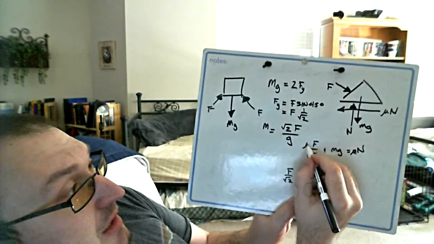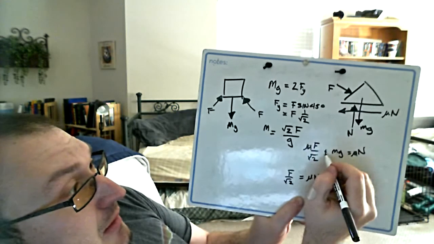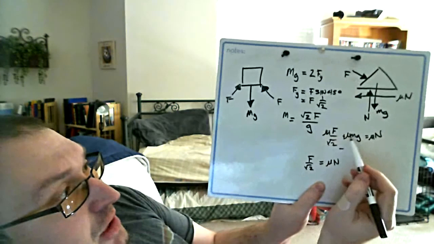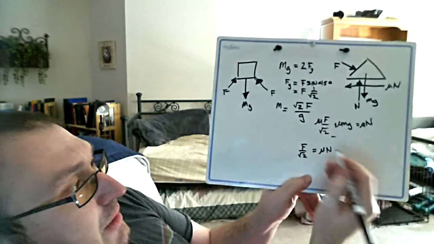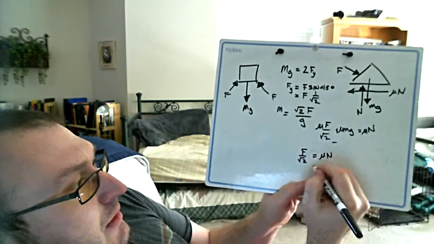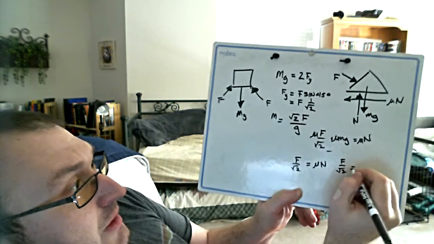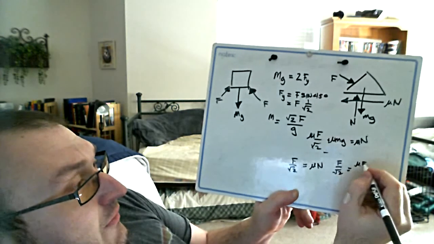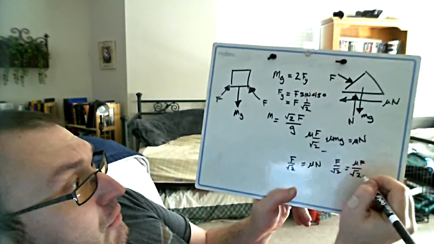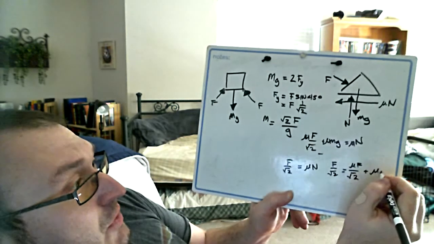I just multiply that through. And so I can take this and move it down here, and I get f over root 2 equals mu f over root 2 plus mu mg.